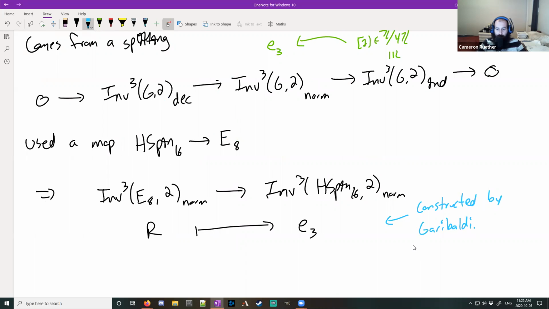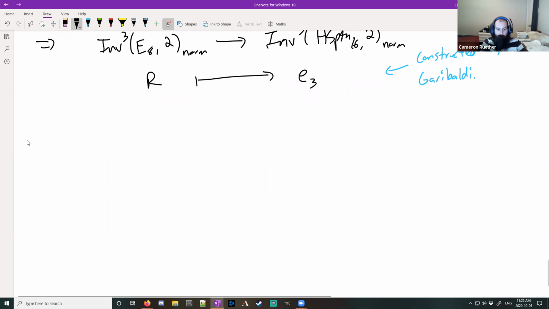In Garibaldi's paper, where he constructed this, he only considered HSpin 16 so that he could use this relationship with E8. But of course, you've run out of exceptional groups. So for your higher HSpins, you need to look at something else. But this generalization is also just a description of direct sums.